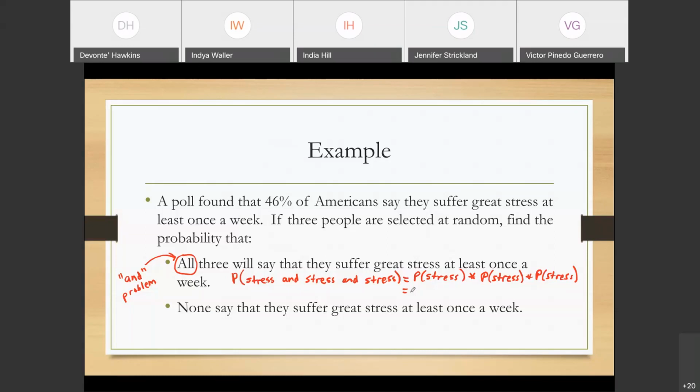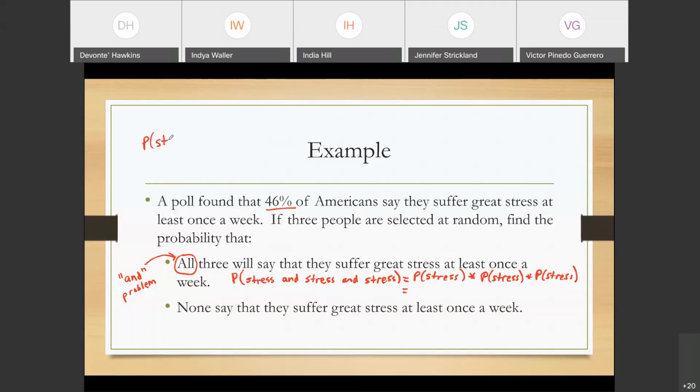Okay, so the next thing I'm going to call your attention to is the percentage. When they tell you that 46% of Americans are stressed at least once a week, they're giving you the probability of one person being stressed.